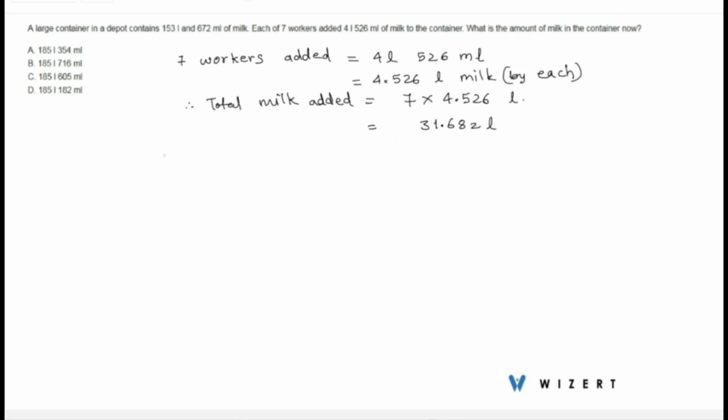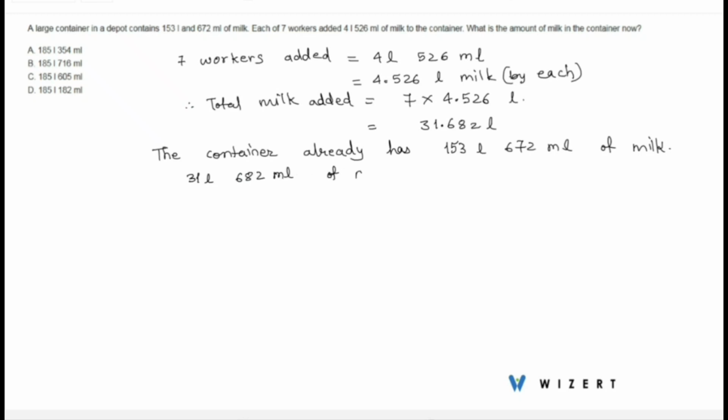Therefore, the container already has 153 liters and 672 milliliters of milk. 31 liters and 682 milliliters of milk is added to it.